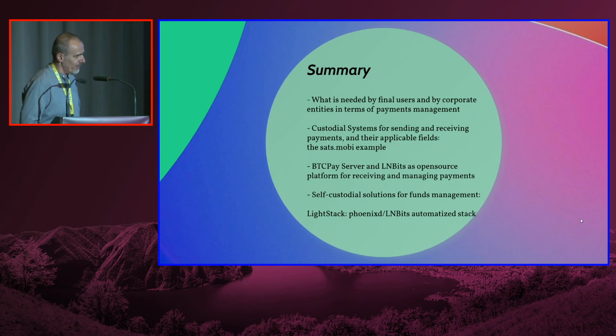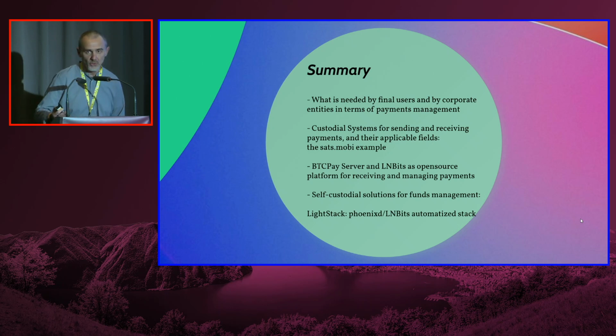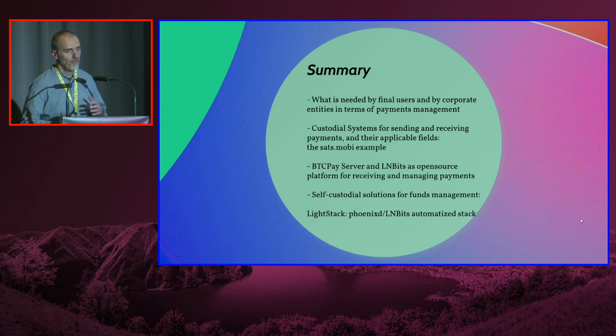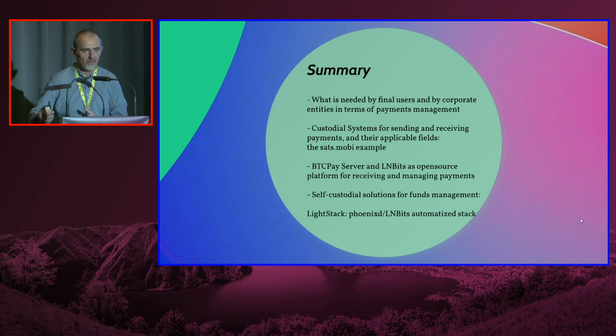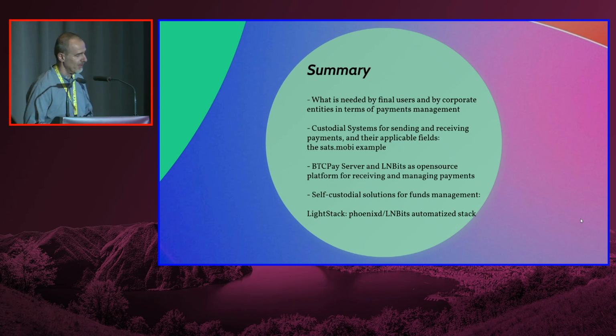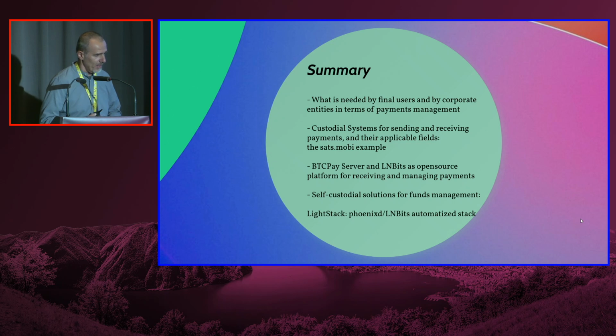So we will see what is needed by final users and corporate entities in terms of payment management. We have different requirements. If you are a final user, you have some needs. If you are a corporate entity willing to receive payments on the Lightning Network, you have different kinds of needs.